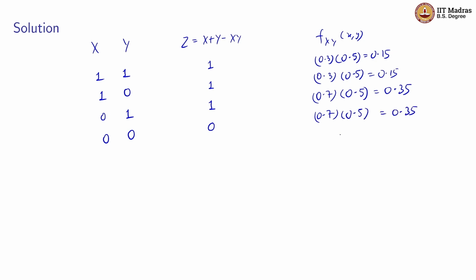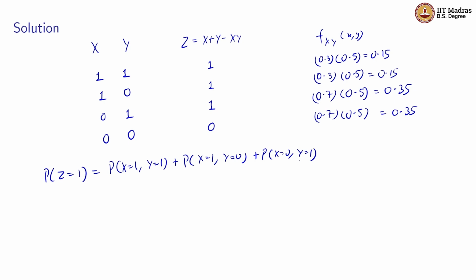So from here we can find the probability that Z is equal to 1. This will be equal to the joint probability that X is equal to 1, Y is equal to 1, plus the joint probability that X is equal to 1, Y is equal to 0, plus the joint probability that X is equal to 0, Y is equal to 1, because for all three pairs the value of Z is equal to 1.